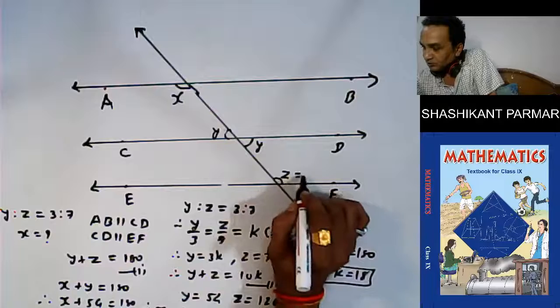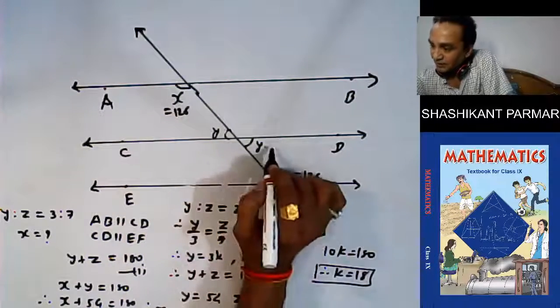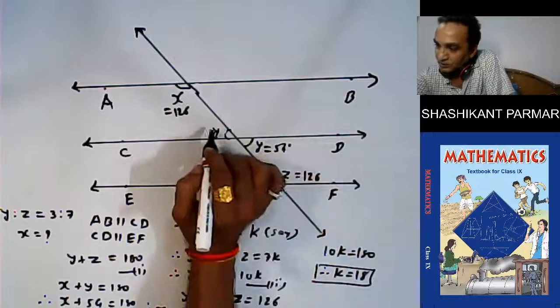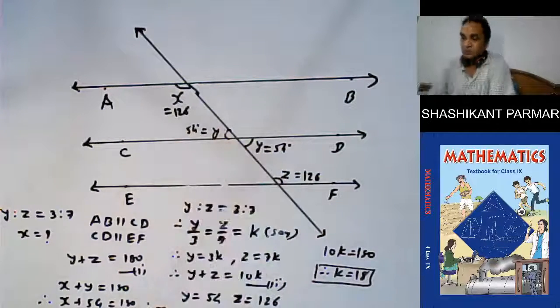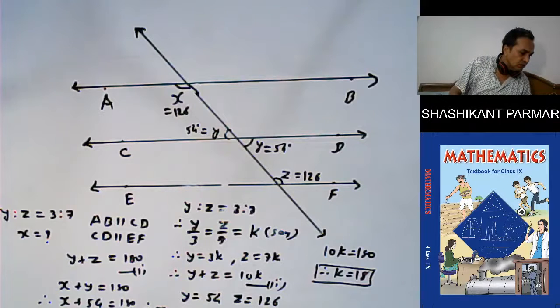So this is 126, this is 126, and this is 54, and this is 54. Note down.